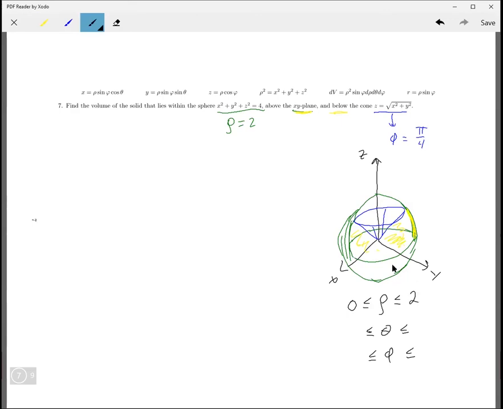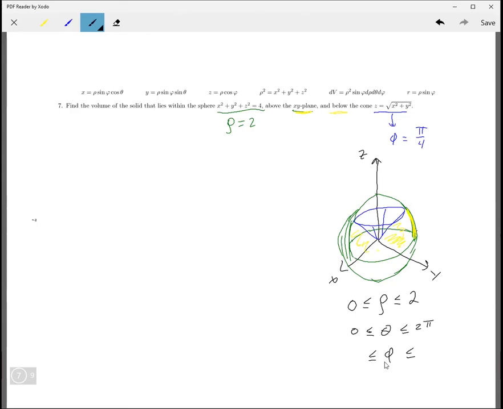Yes, that's going to go from 0 to 2. So out from the origin all the way to the wall. 0 to 2, any direction, as long as you're under the cone and above the XY plane. And then theta is either 0 to 2 pi or 0 to pi over 2. There you go, it's 0 to 2 pi because that's going to go all the way around.